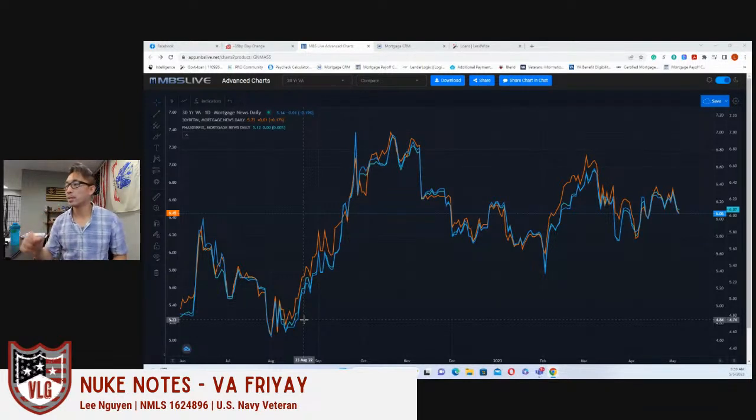It's not the rate that people actually get. It's the rate if they bought it down by 1% of the loan amount. So if it's a $500,000 loan amount, it'll take $5,000 to buy the rate down to whatever they're showing.